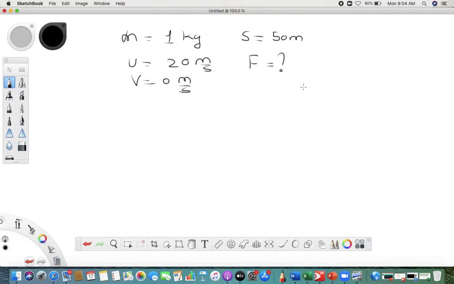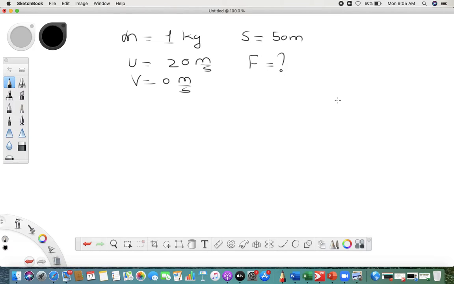Always remember frictional force is a force only, so basically you have to find the value of F. But remember the frictional force always applies in the opposite direction, so the value of F is negative. Don't get confused here.